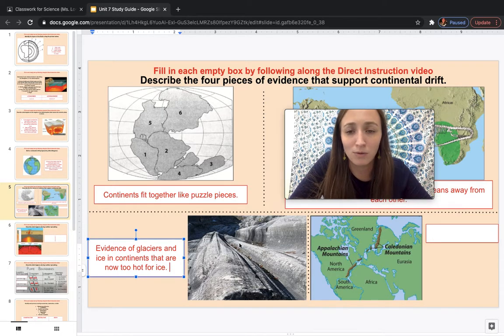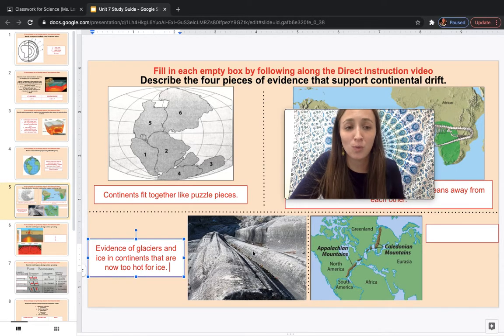Now, so what? Who cares about that? If you think about continents today that are super hot, like Africa. If you don't know this already, Africa is way too hot to support massive amounts of ice, right? So we know at one point Africa must have been located somewhere much cooler.